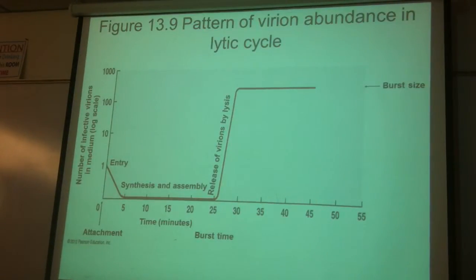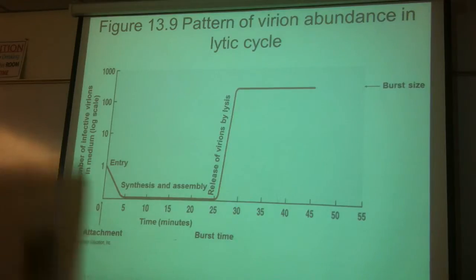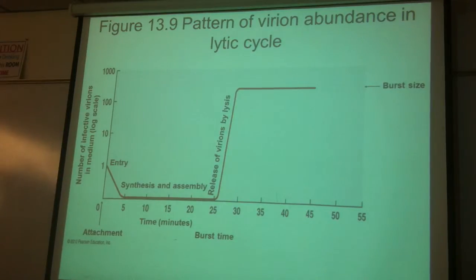Okay, so the lytic cycle. For the virion, it enters, and you start having this downtime because it has to disassemble itself in a way so that it can get that DNA out and start being replicated.